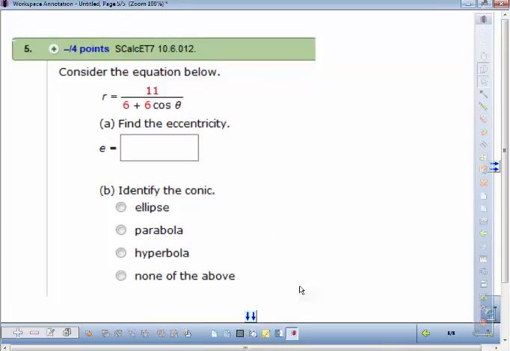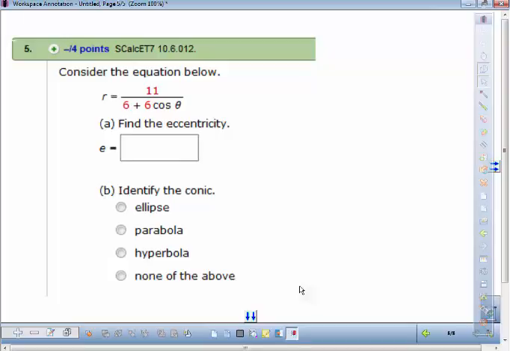So here we have an equation. R is equal to 11 divided by 6 plus 6 cosine theta. And you notice, whoa, all those equations had a 1 plus or minus something in the denominator. So this one doesn't look like that. You could just graph it first and see what it's supposed to look like. But I think what you can do is try to massage this equation to make it have a 1 in the denominator.